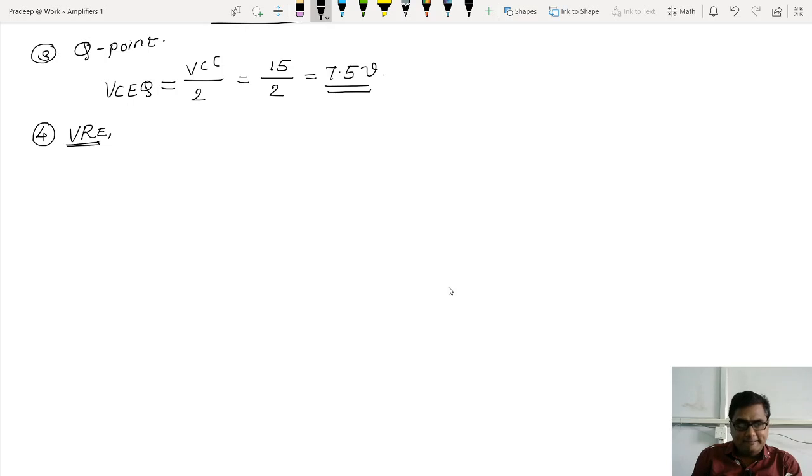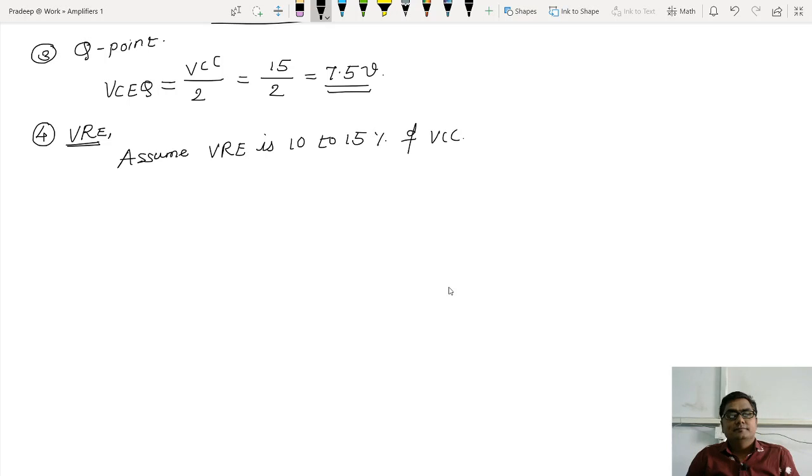Now for VRE, assume VRE is 10 to 15% of VCC.